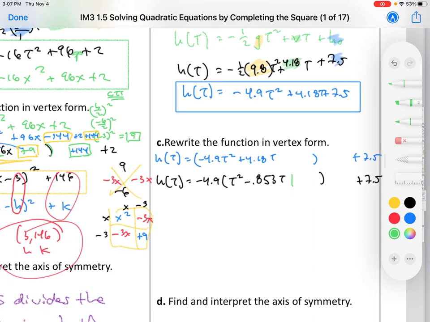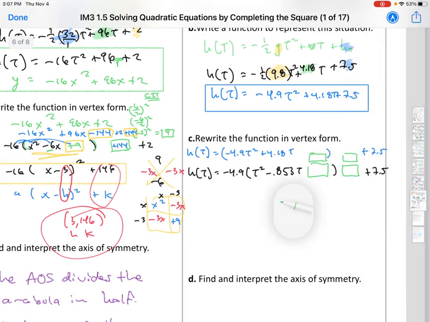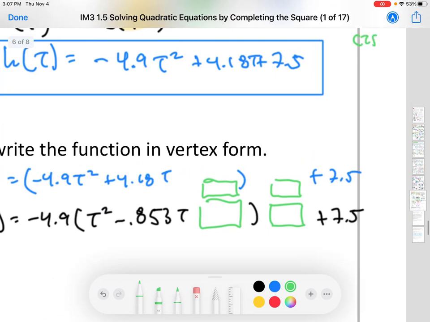Okay, so I need to get something into this green box. And I'm going to draw another green box kind of in between. So our c is b divided by 2 squared. Negative 0.853 divided by 2 gives me negative 0.4265.